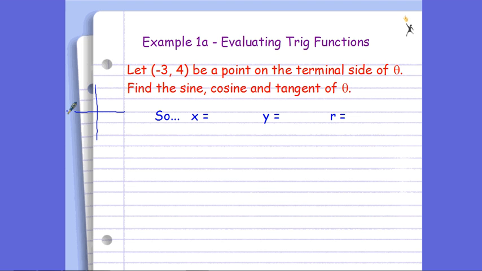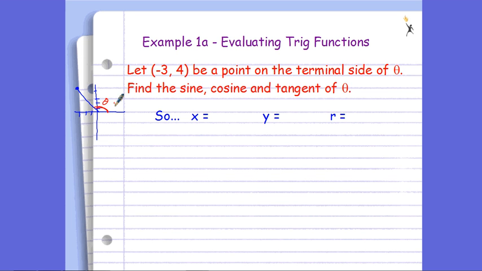So it's over here in the second quadrant. Negative 3 to the left: 1, 2, 3, and 4 up: 1, 2, 3, 4. So here's my point. I'm coming here. Does everybody see the angle that I've created? Right? I'm going to call that, of course, theta. So there's my angle that I created.